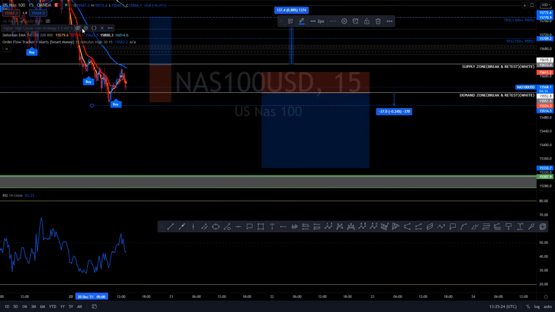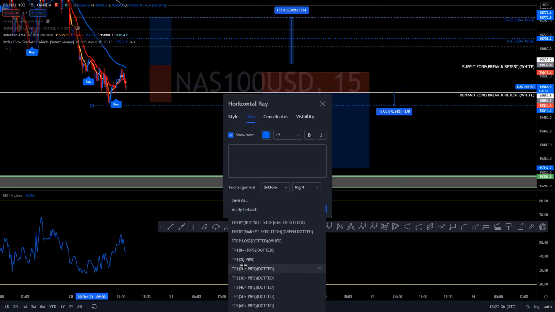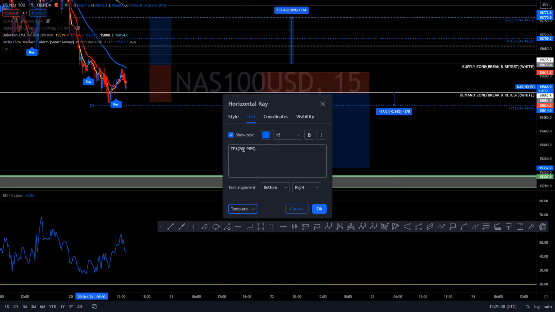Turn this off here. Yeah, that's what I'll be looking for. First take profit. Set that. 300 is 300. I'll say 350 plus pips.